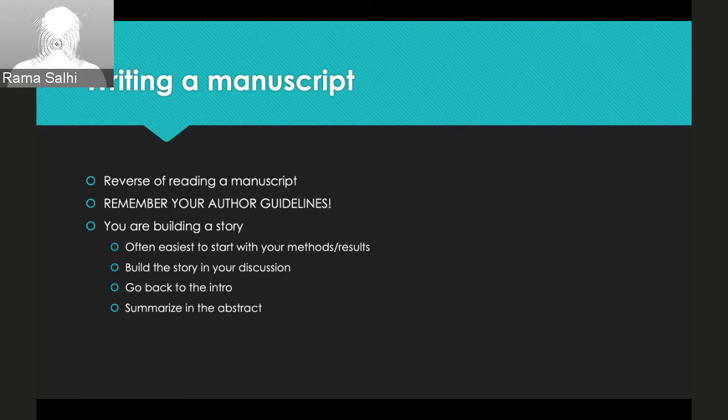Remember your author guidelines. If you have the luxury of knowing where you're submitting to, writing it within those author guidelines is going to be very, very helpful. That way, you're not finding yourself at the end of the day trying to make six figures into two because that's what the journal suggested.